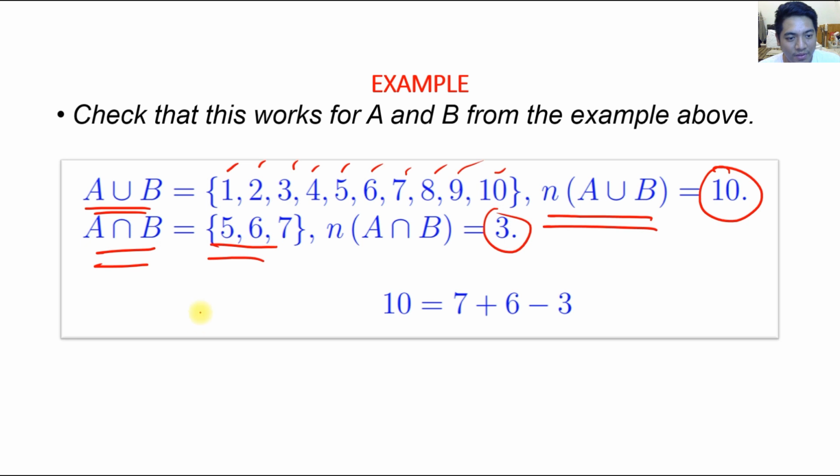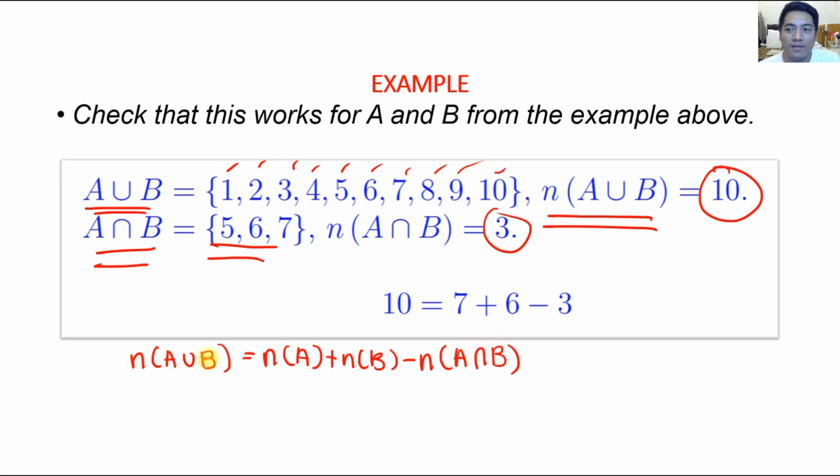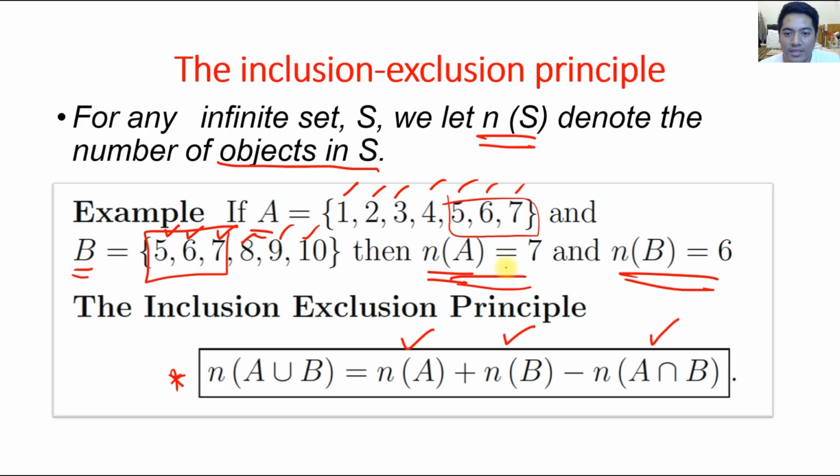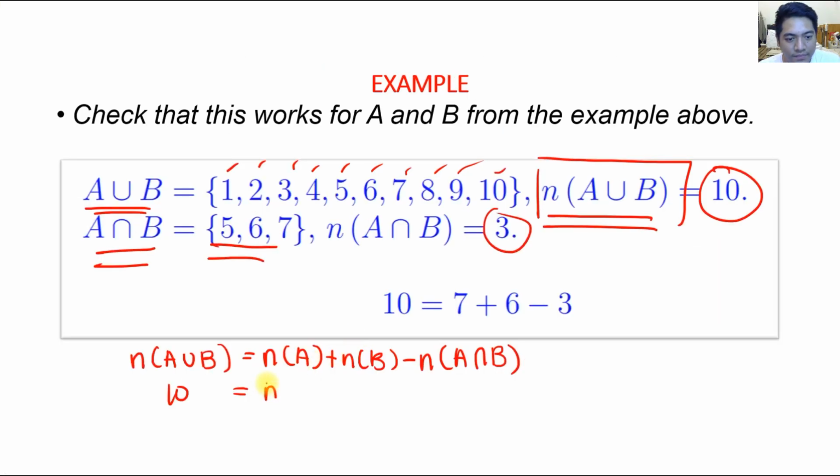Okay, so if we check with the following formula, we have n of A union B equals n of A plus n of B minus n of A intersection B. So n of A union B is 10, n of A is 7, n of B is 6, and n of the intersection is 3.